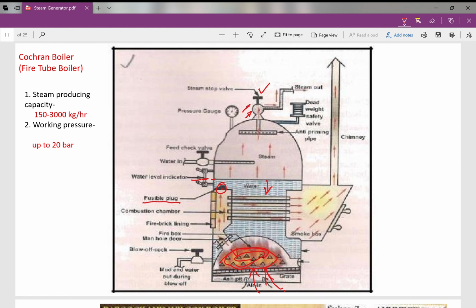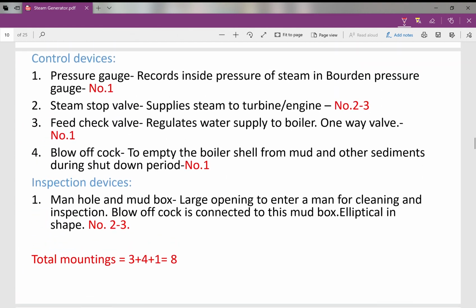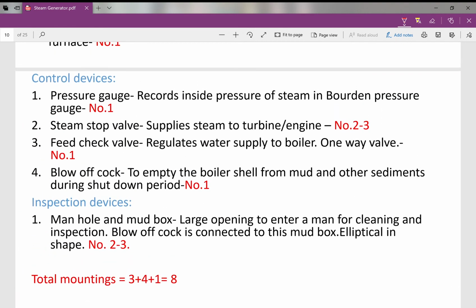So under safety devices these are the safety valve, water level indicator and fusible plug. So we got the function and location of all these three.